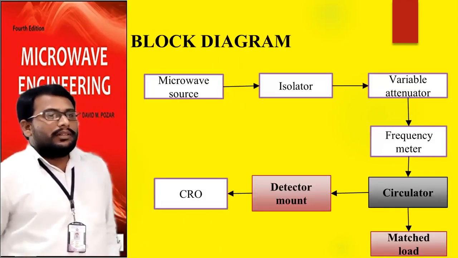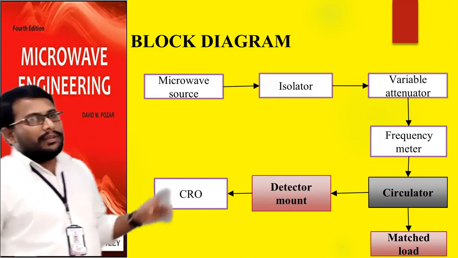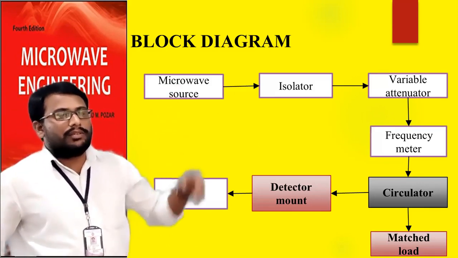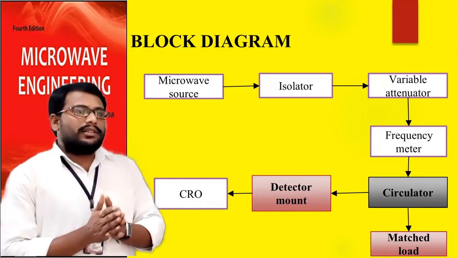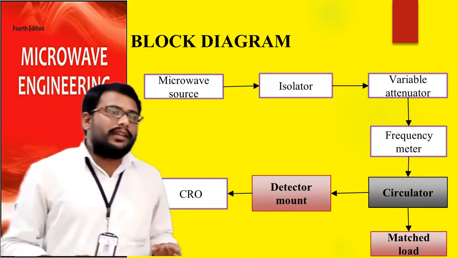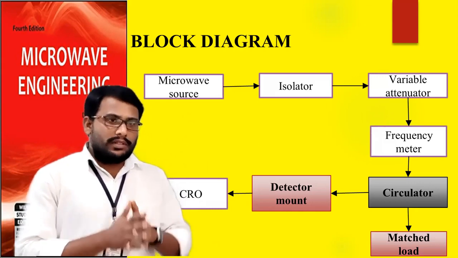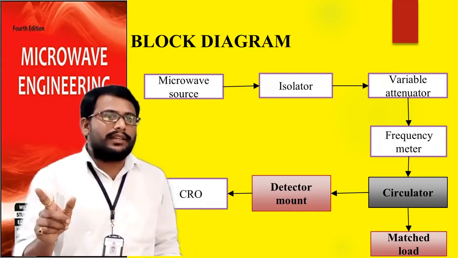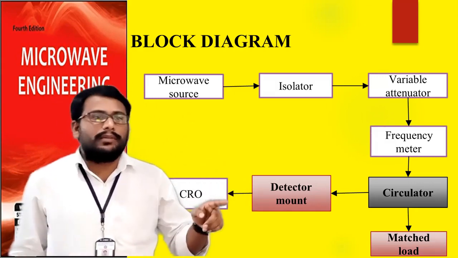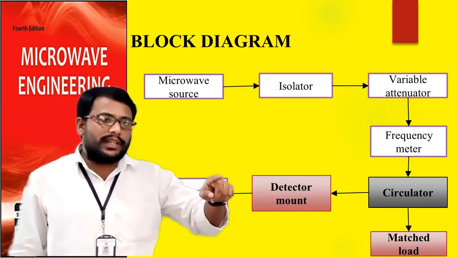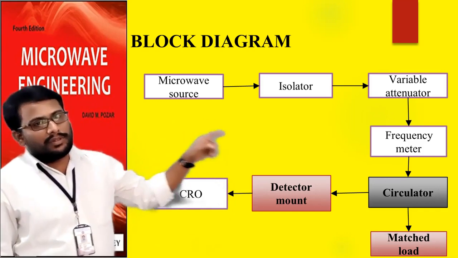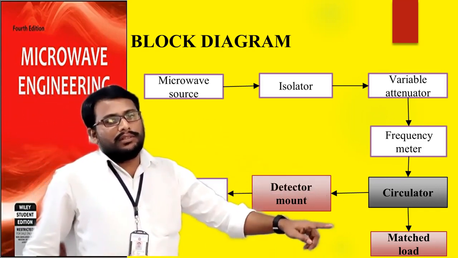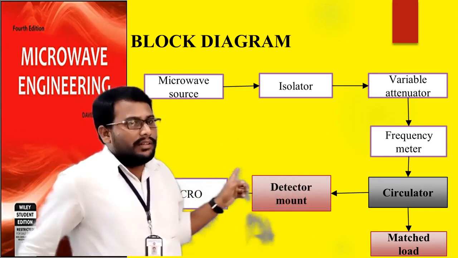Then go for the block diagram. See the block diagram. The microwave source is initially connected to the isolator. The isolator works like a uniline, which allows microwave energy only in one particular direction. Then that goes to the variable attenuator, to the frequency meter, to the circulator, and from the circulator to the matched load, and on the other side the detector mount and CRO.